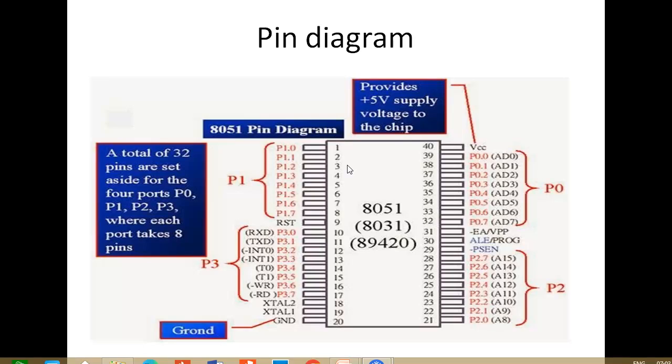The maximum memory we can access using this microcontroller is 2 raised to the power 16, that is 64 kilobytes. Regarding the memory, we'll see the pin numbers from here.